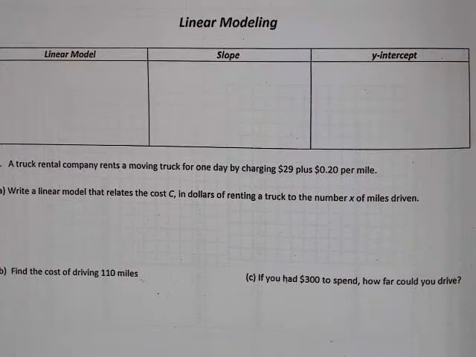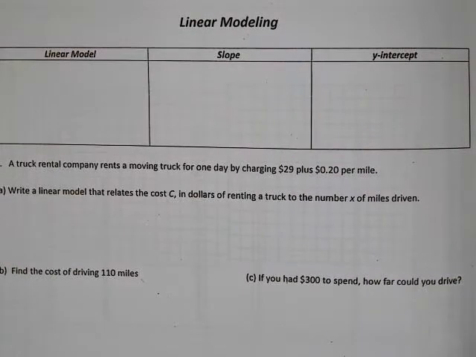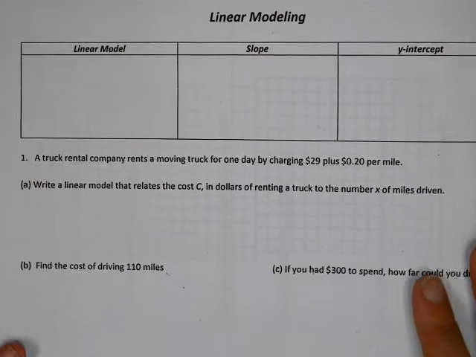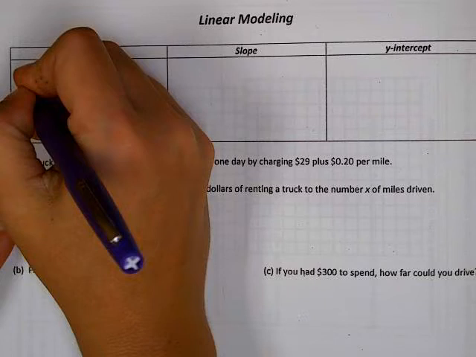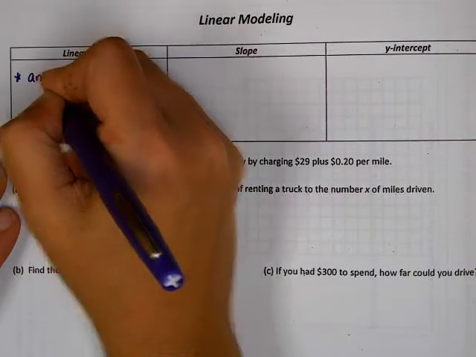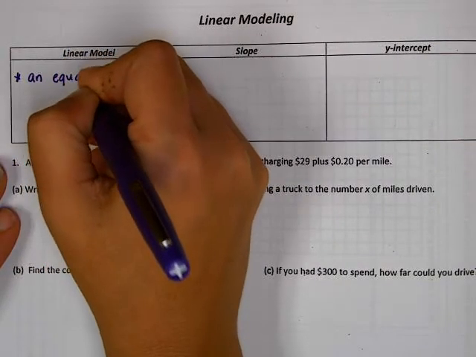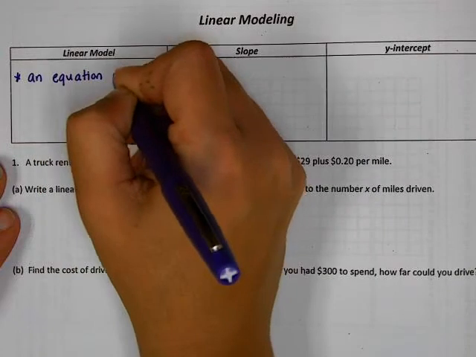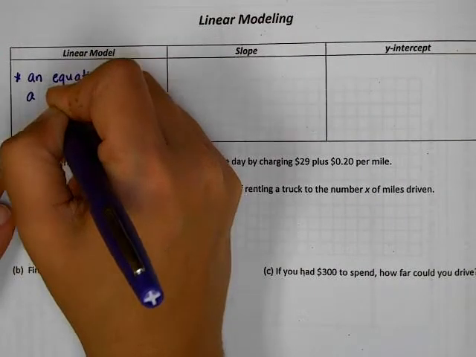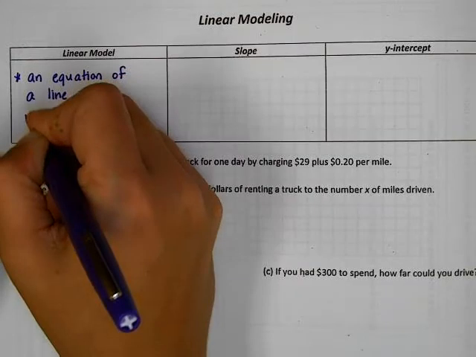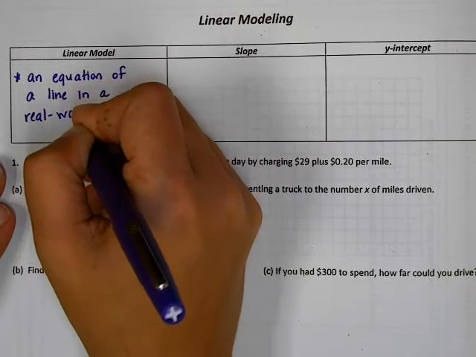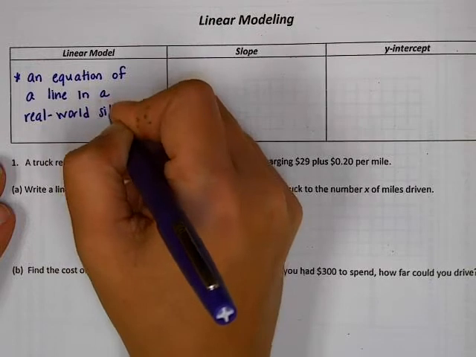Hi everybody, in today's video we're going to be looking at linear modeling. Now as a reminder, a linear model is an equation of a line in a real world situation.